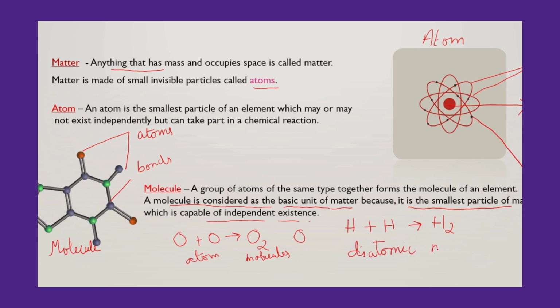Oxygen, hydrogen, nitrogen, all are examples of diatomic molecules because they cannot exist independently. Since molecules can exist independently, they are considered as the basic unit of matter. Hope it is clear. Okay, now let us move forward.